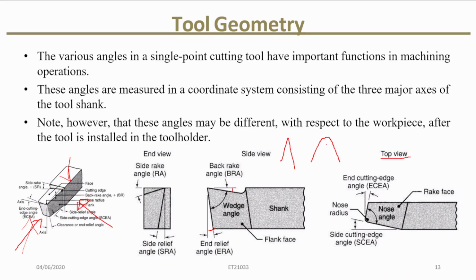Then this small angle is known as the end cutting edge angle, and this angle is known as the side cutting edge angle. So you have to know about all these geometries, and identify all these things once you see the cutting tool.